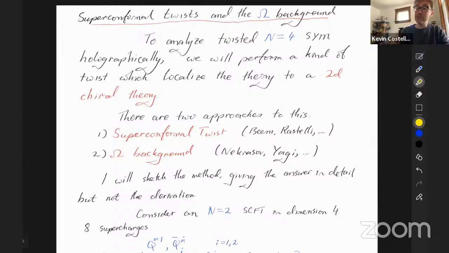There are 2 approaches to this. One, which is perhaps the most widely studied, is that instead of taking Q to be a supersymmetry, you take it to be in the larger algebra of the superconformal symmetries.